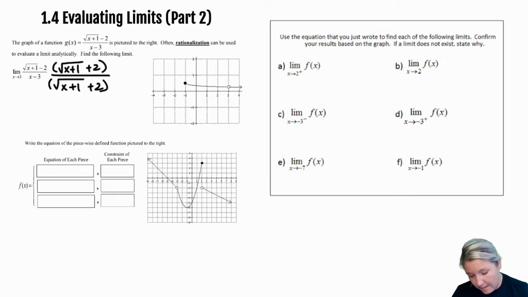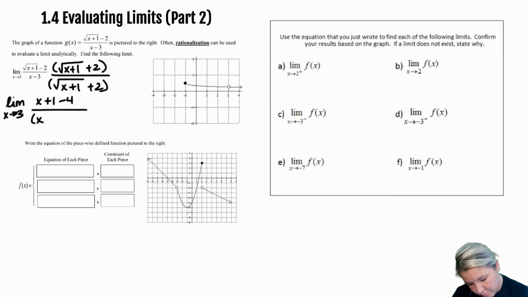So what happens there is that I get the limit as x approaches 3 of x plus 1, and then plus 4, minus 4, divided by x minus 3 times the square root of x plus 1 plus 2. Leave that all the way out.